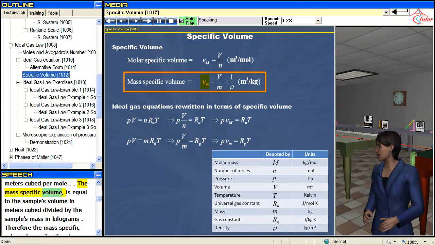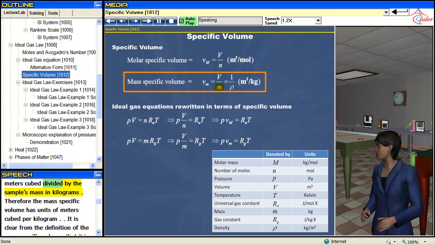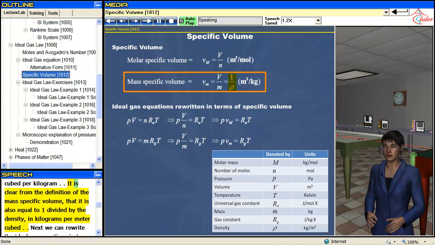The mass specific volume is equal to the sample's volume in meters cubed, divided by the sample's mass in kilograms. Therefore the mass specific volume has units of meters cubed per kilogram. It is clear from the definition of the mass specific volume that it is also equal to 1 divided by the density in kilograms per meter cubed.